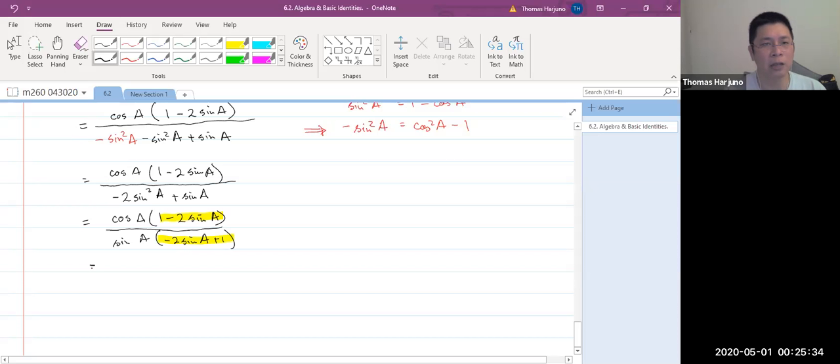So I can cancel that and get cosine A over sine A, which will be cotangent A.